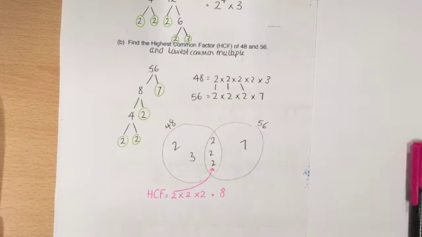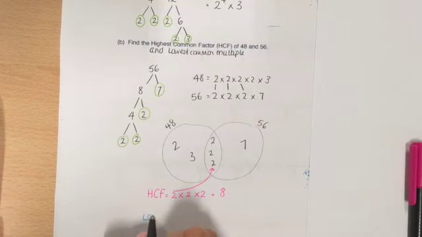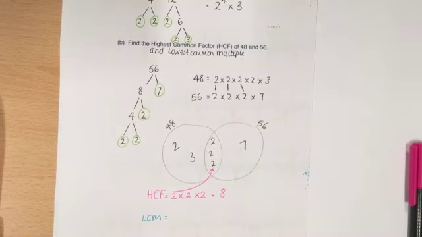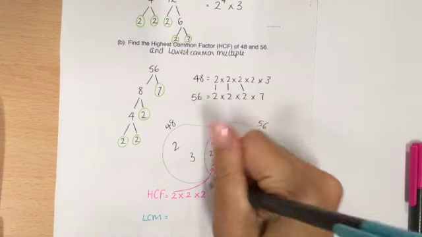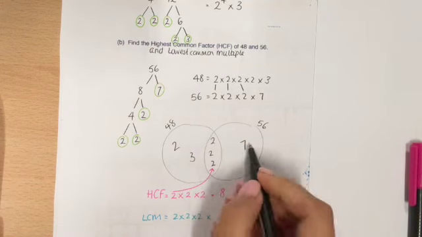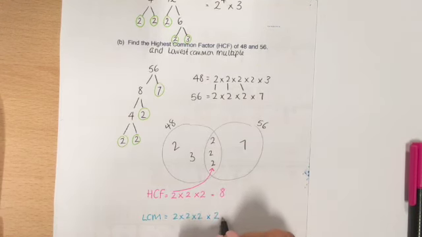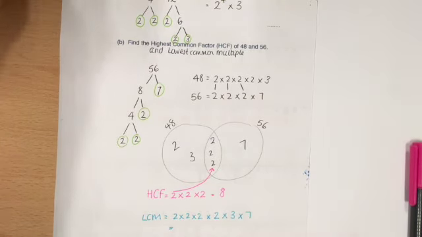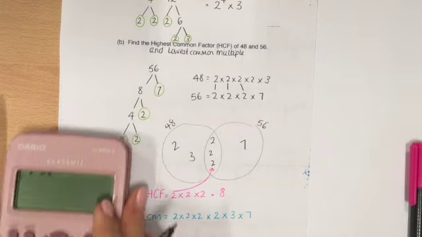The lowest common multiple is all the numbers in the Venn diagram multiplied together, basically. So it's the intersection, 2 times 2 times 2, multiplied by what's left. So it's multiplied by 2, then 3, then 7. Okay, I'm going to let you use a calculator to find the lowest common multiple.